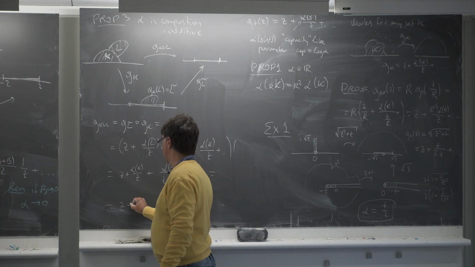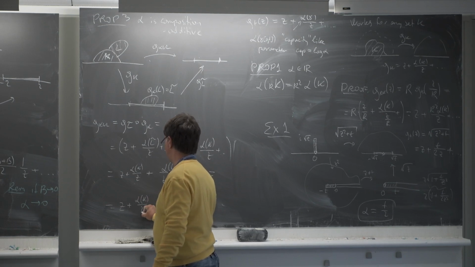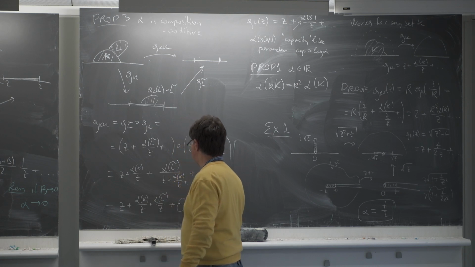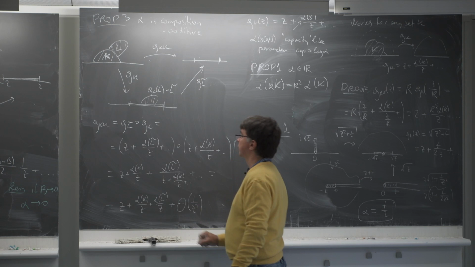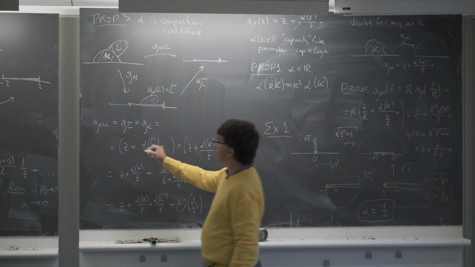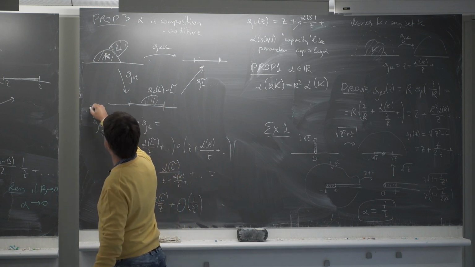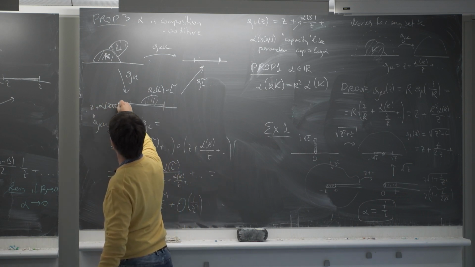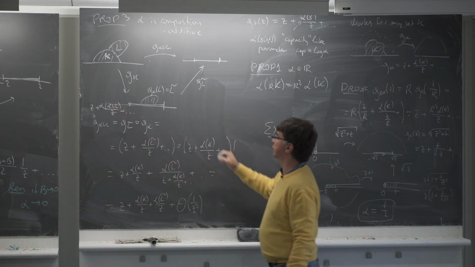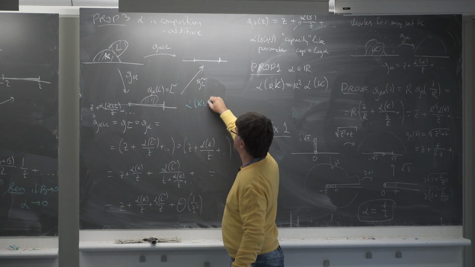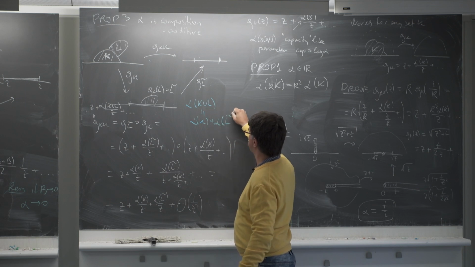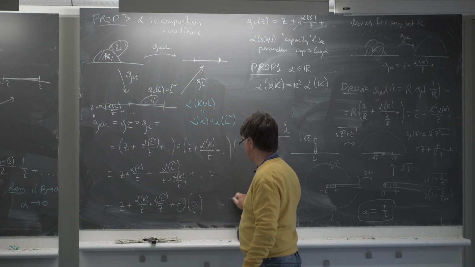So it's Z plus alpha of K over Z plus alpha of L tilde over Z plus O(1) over Z squared. But on the other hand, this is Z plus alpha of K union L over Z plus small order terms. So we get the conclusion that alpha of K union L is alpha of K plus alpha of L tilde. So that's composition additivity.